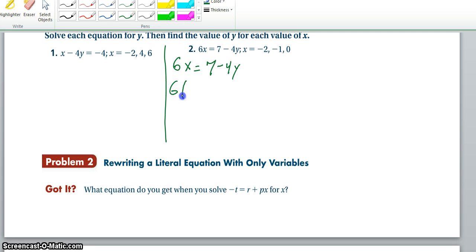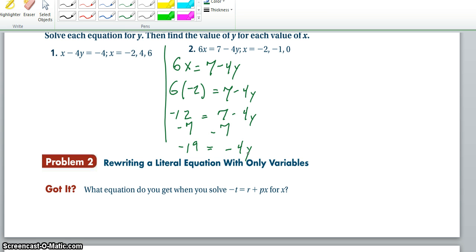So if we have 6 and we plug in a negative 2 equals 7 minus 4y, well, negative 2 then makes that combine to be a negative 12 equals 7 minus 4y. To get rid of this positive 7, we could subtract. And when we subtract 7, we get negative 19 equals a negative 4y.